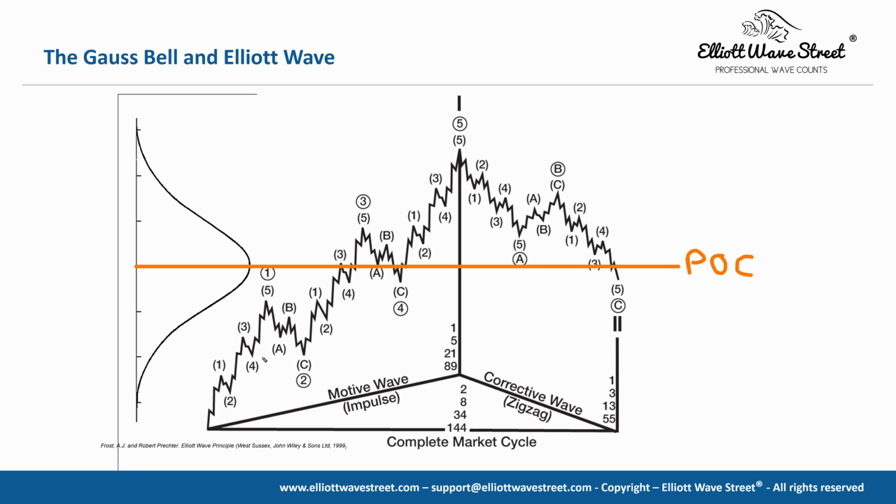When we want to go long, we need to buy below the point of control. When we want to go short, when we want to sell, we need to do it above the point of control. That's it. Never the other way, because that's something basic when we are trading. When we are trading, we have to buy cheap and we have to sell expensive.